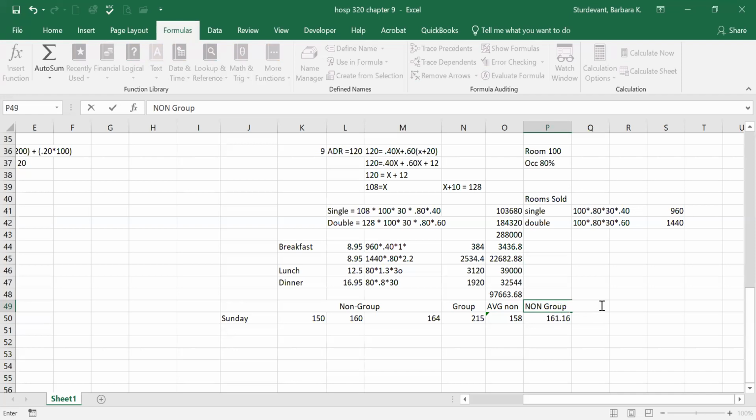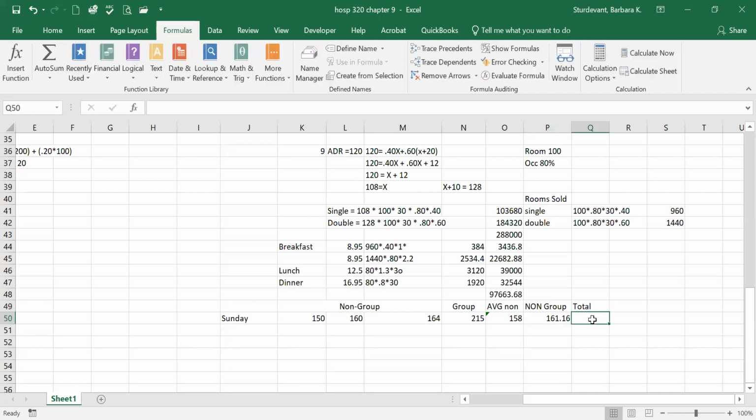And then to get the total, you would add the non-group plus the group. And that would be your meals.